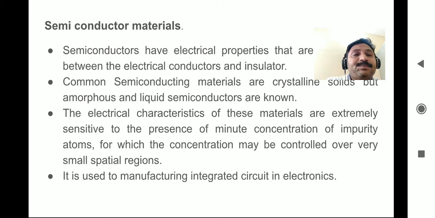When impurity atoms are present, these materials are very sensitive. The solution is that the concentration may be controlled over very small special regions, not over large regions where impurity atoms are present.